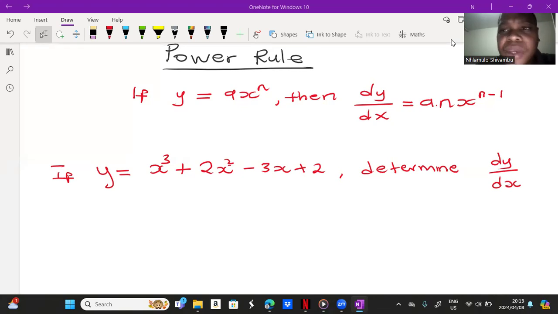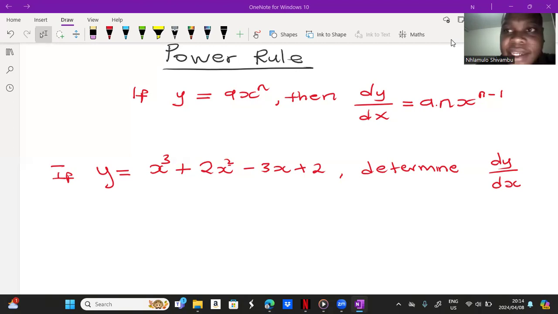So basically, when we want to determine the derivative using the power rule, we take the exponent of a term, multiply it with the coefficient, then we also reduce the exponent by 1. That will be the derivative of that particular term.